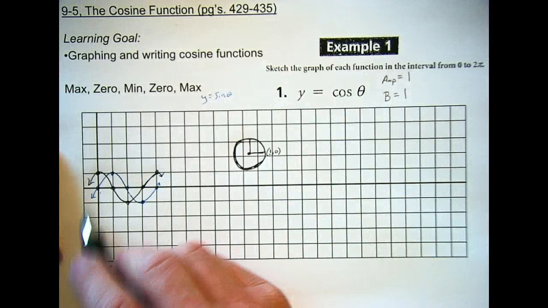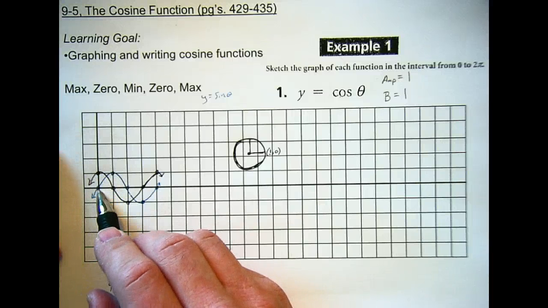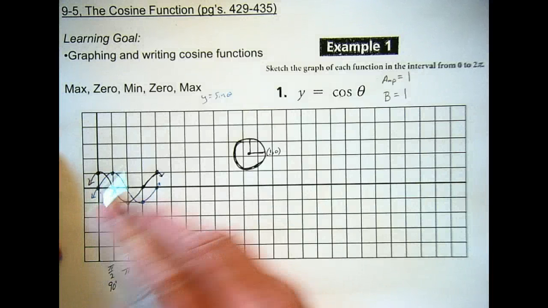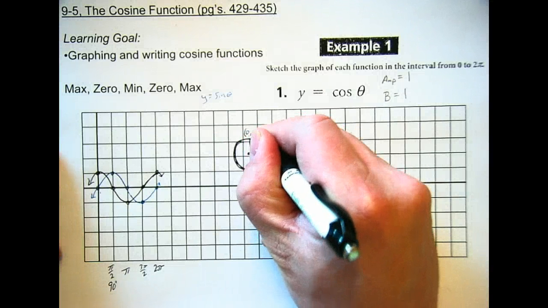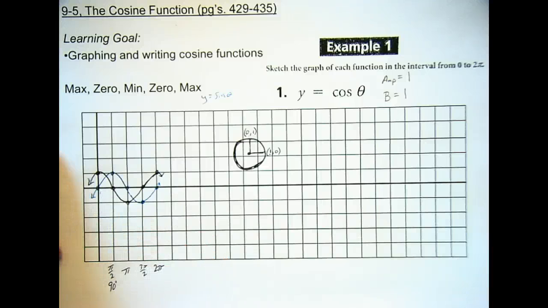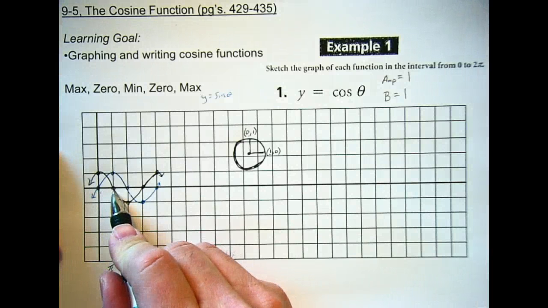Okay? So 1 for cosine, 0 for sine. And then you get to here, and your coordinate now is 0, 1. 0 for cosine at 90, 1 for sine.